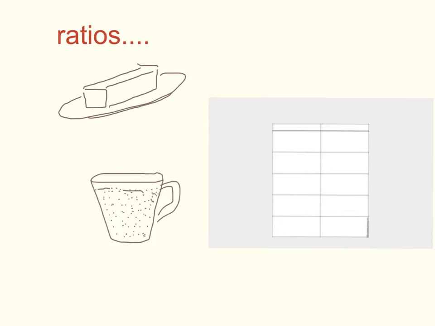So we're going to set this up on a table, and let's make this flour, and let's make that butter. And we'll call this Swedish pancakes, and down here we'll put traditional pancakes. All right, so when I look at my recipe, it calls for Swedish pancakes 2 cups of flour.